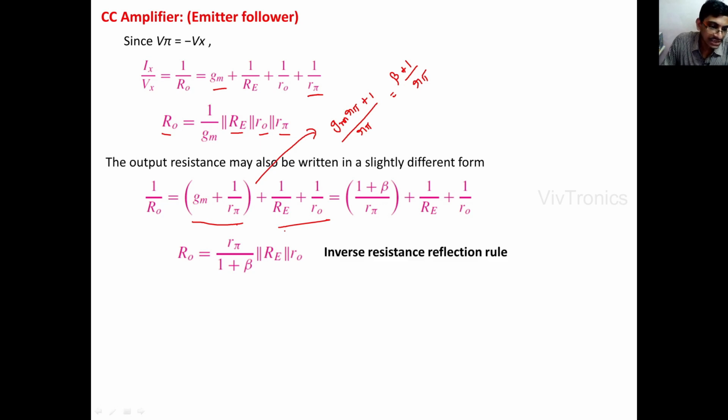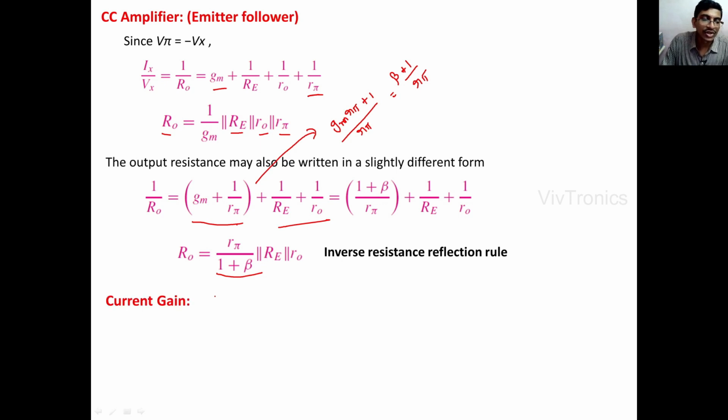That is the output resistance equation, which is the inverse resistance reflection rule. Here, if you see, the output resistance was divided by the 1 plus beta term. Actually the input resistance is getting multiplied by 1 plus beta, which is nothing but the resistance reflection rule. Here the resistance is getting divided by 1 plus beta times, which is called the inverse resistance reflection rule.